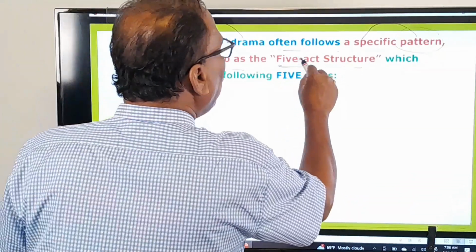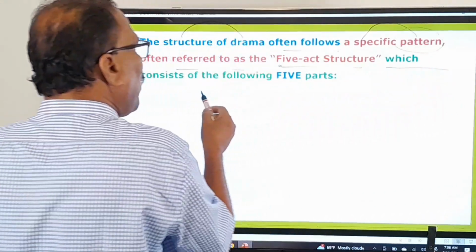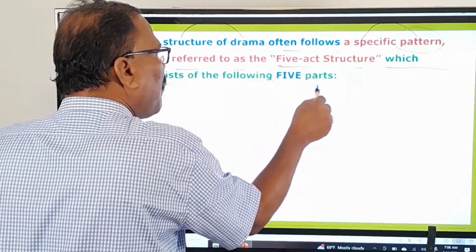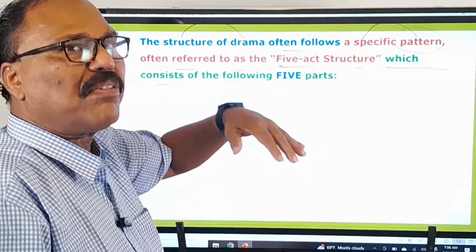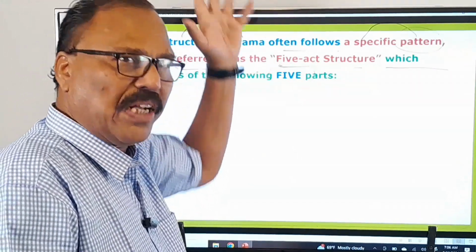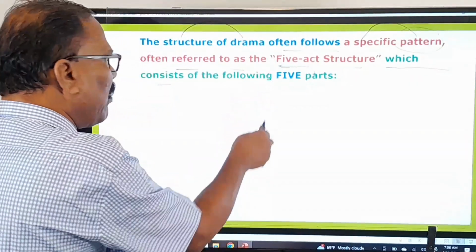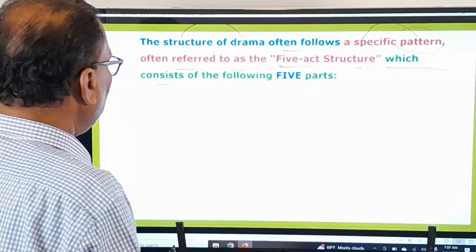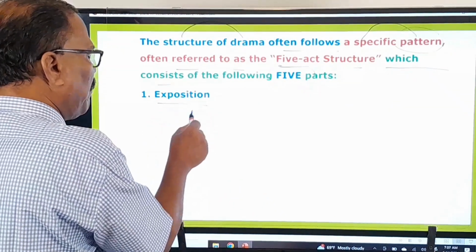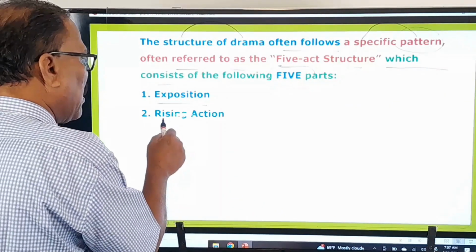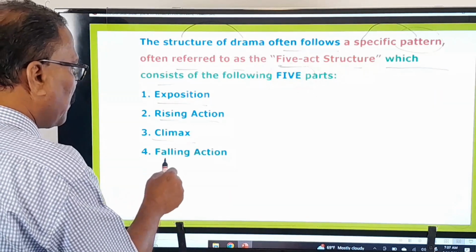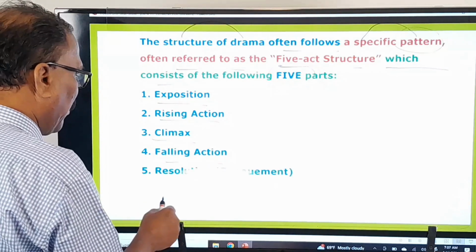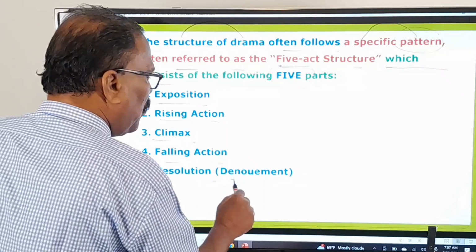And this five-act structure, which was followed in the good olden days, has the following five parts. What are those five parts? Exposition, the second one is rising action, climax, the fourth one is falling action, and the fifth one is resolution or denouement.